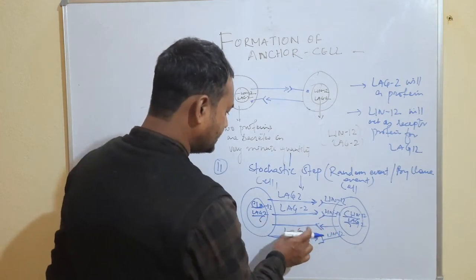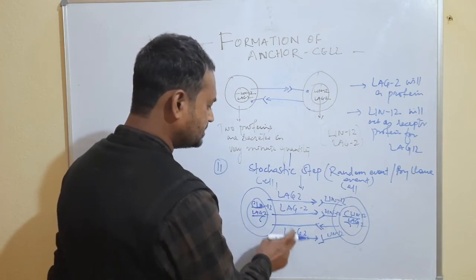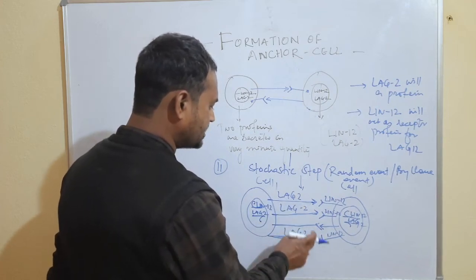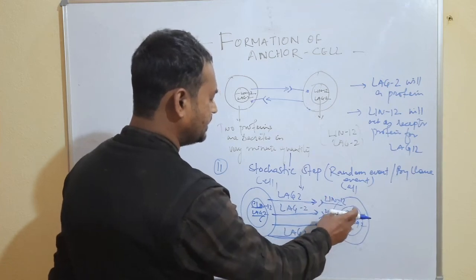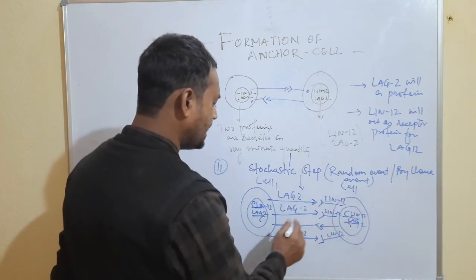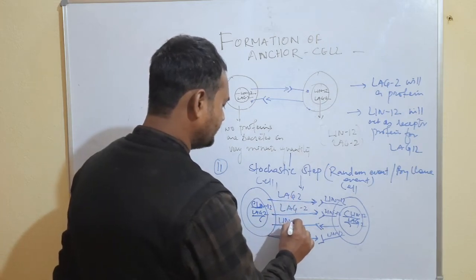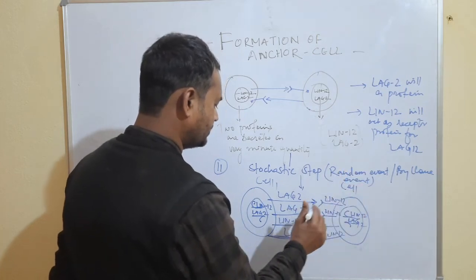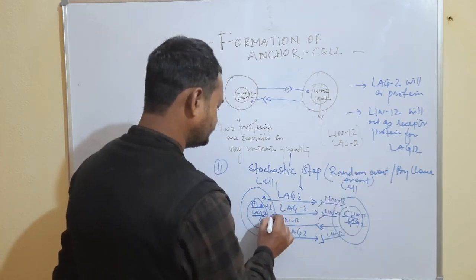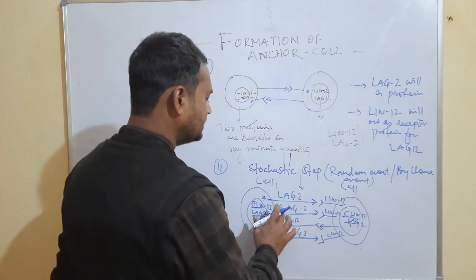Now, you can see from the diagram that lag-2 has three proteins, and it is being received by the lin-12 protein, and only one lin-12 protein is there which is being accepted by the lag-2 protein. So what does it mean?